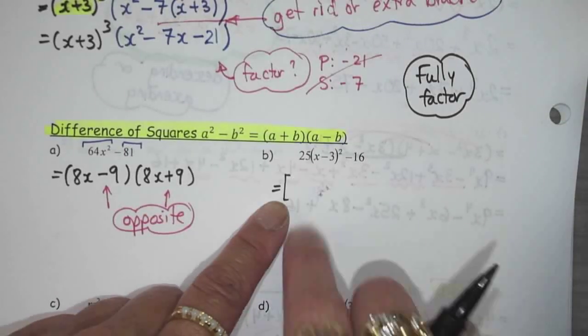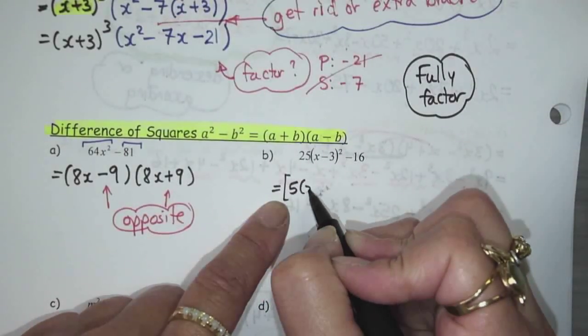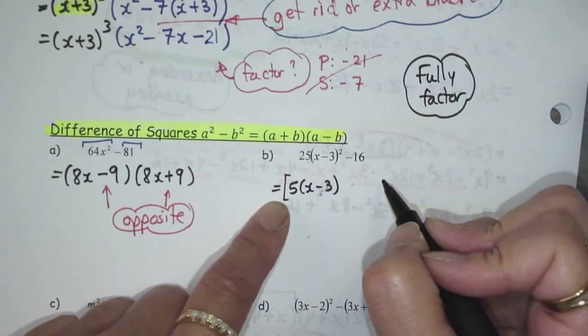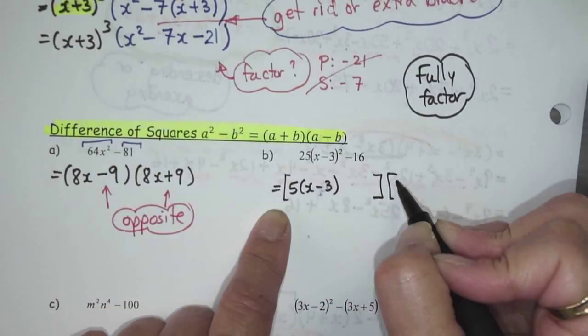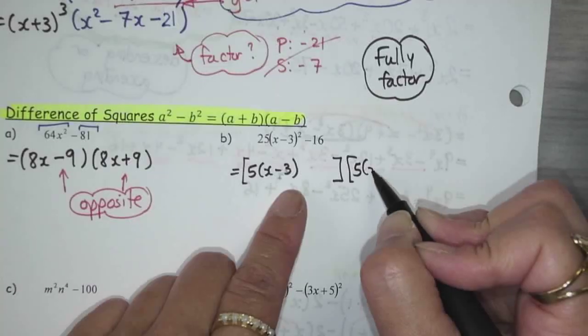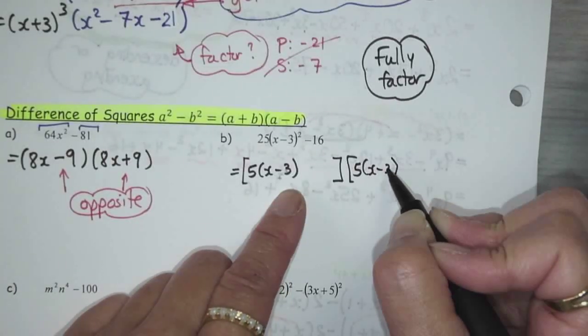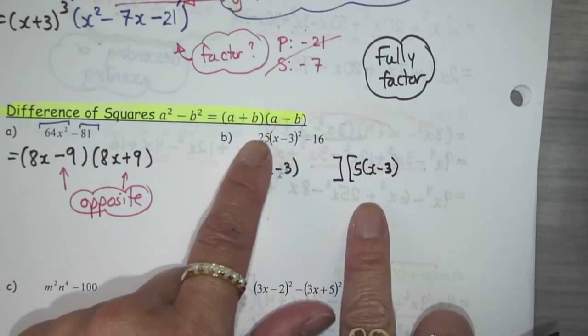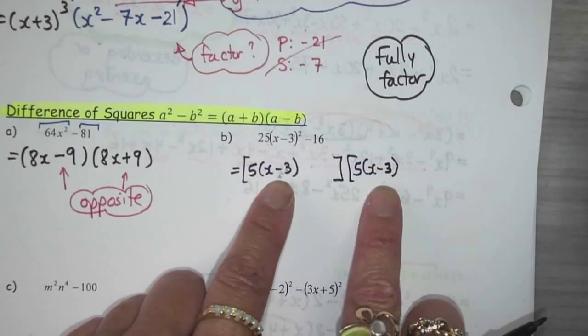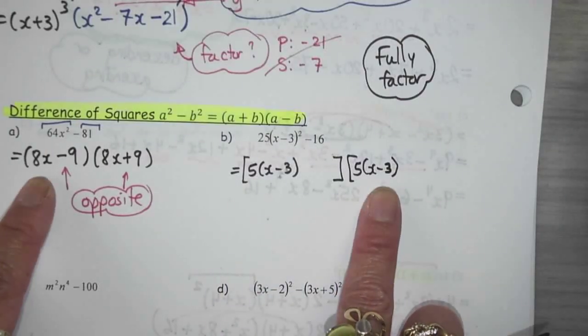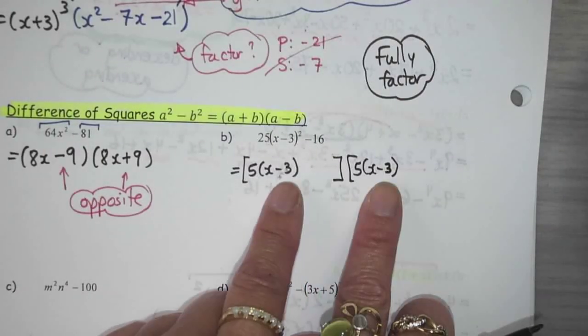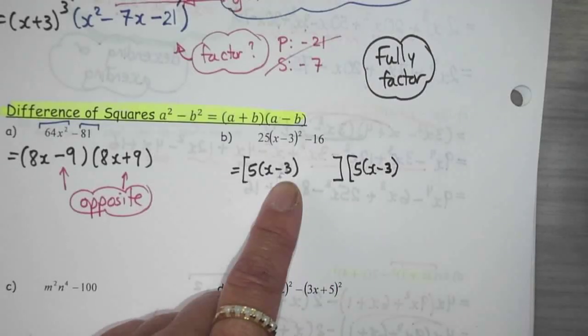I'm going to separate this out. So I'm going to go 5x minus 3 and 5x minus 3. See? 25 is 5, 5, and then x minus 3, so one of each. Just like what I did here, 8x and 8x, I separated it into two groups.